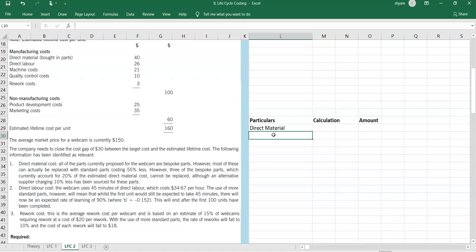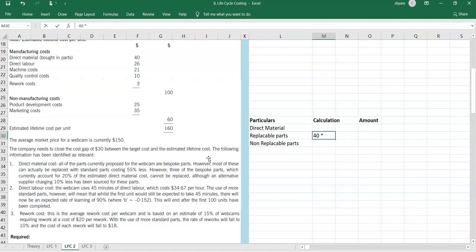So see, there are two types of components here. One is going to be replaceable parts and the other one is non-replaceable parts. We'll have two. So the total material cost is 40.